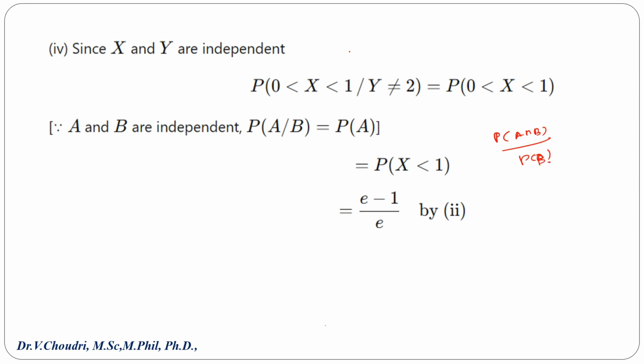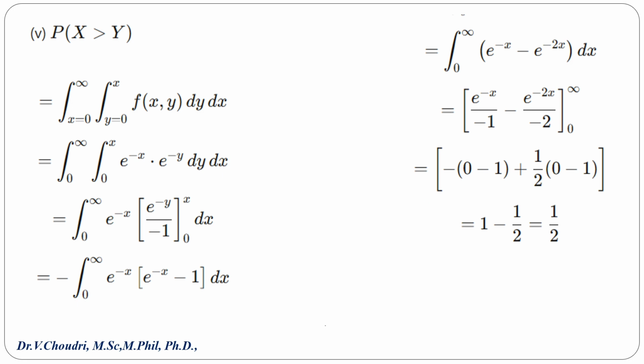Numerator is A, denominator is B. So the probability value becomes only P of 0 less than x less than 1. So already we have obtained P of x less than 1. Both are equal only. So the answer is e minus 1 divided by e. Refer to the second problem, second subdivision.